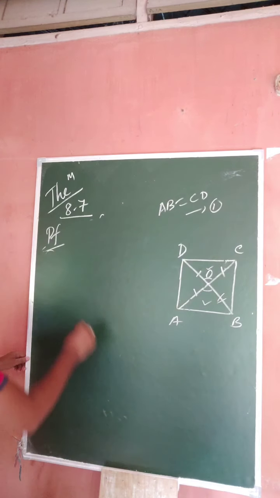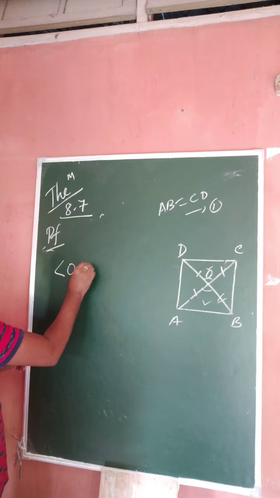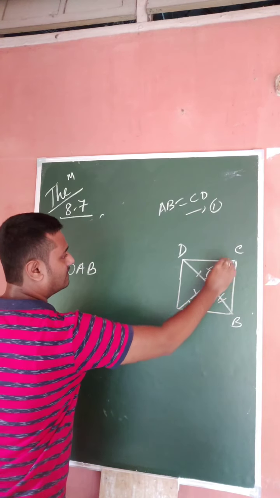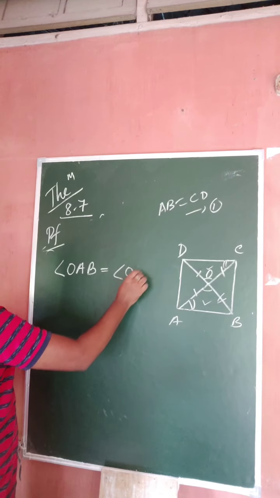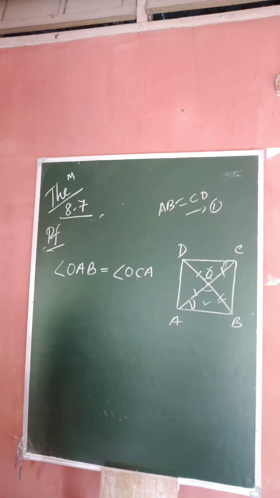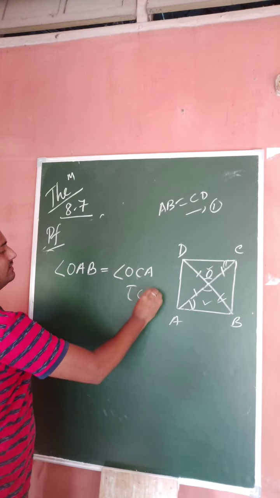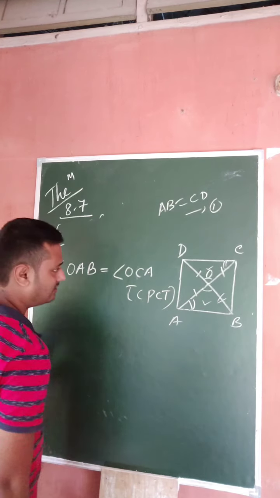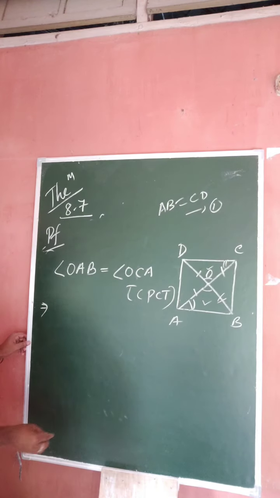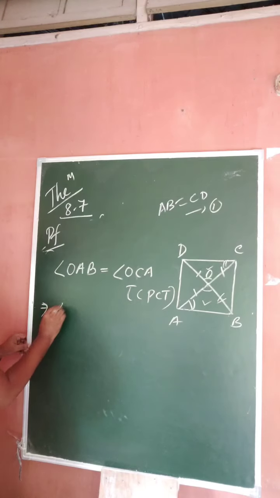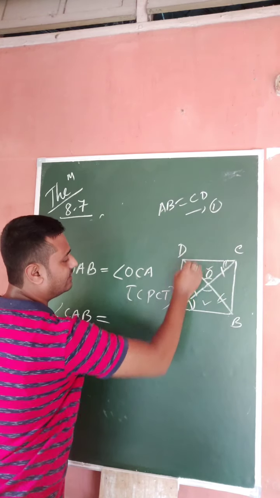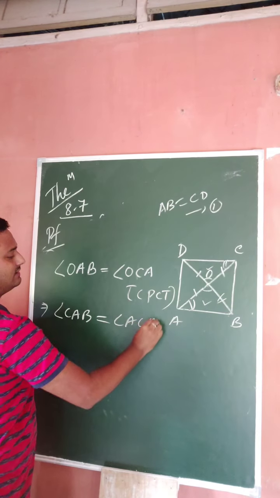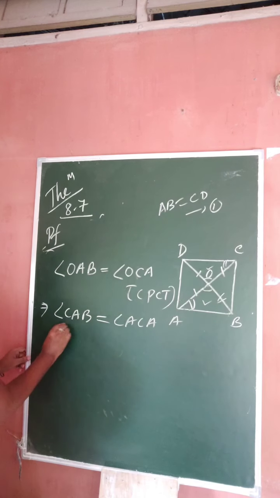Again, by corresponding parts, you can also write angle OAB equals angle OCD, by CPCT. Now instead of OAB, you can write angle CAB, and instead of OCD, you can write angle ACD.